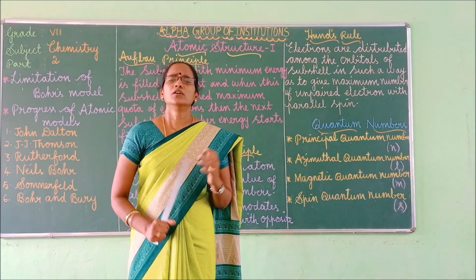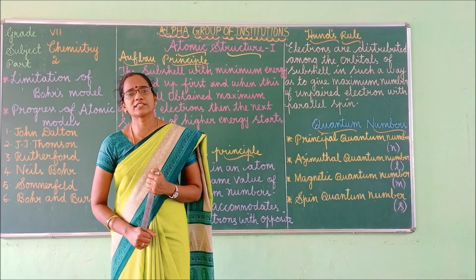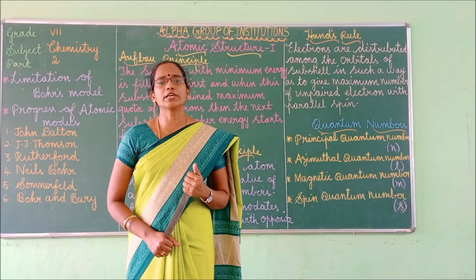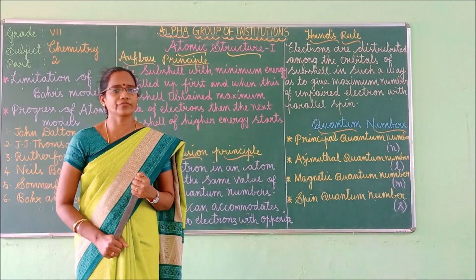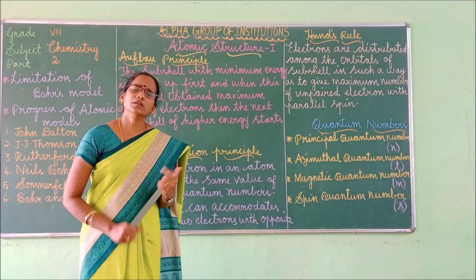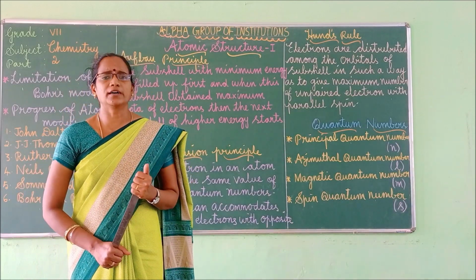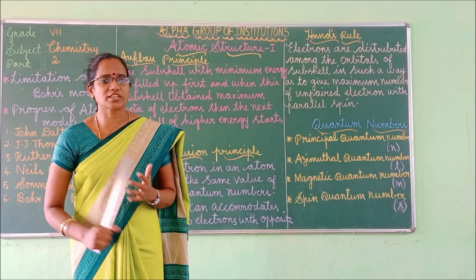Bohr's model failed to explain the ability of atoms to form molecules by chemical bond. This is also one of the limitations. Bohr's atomic model could not explain the spectrum of multi-electron atoms.